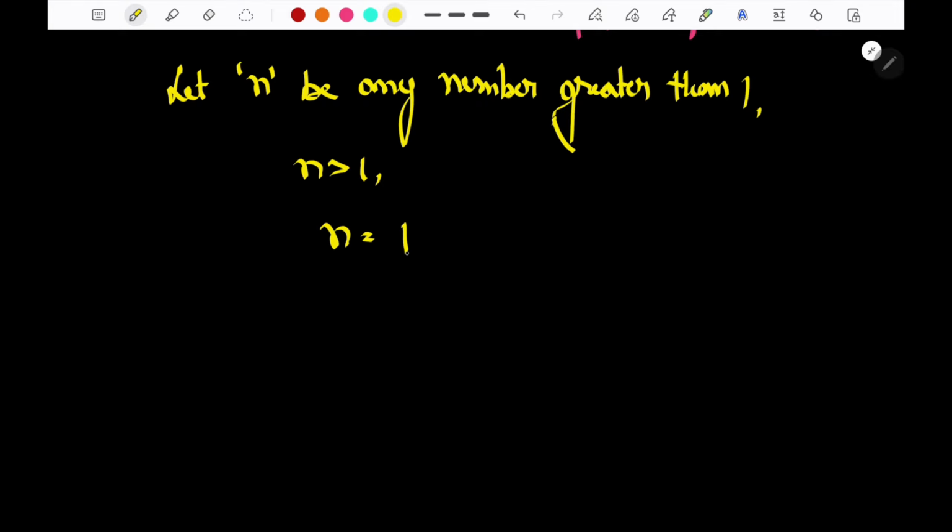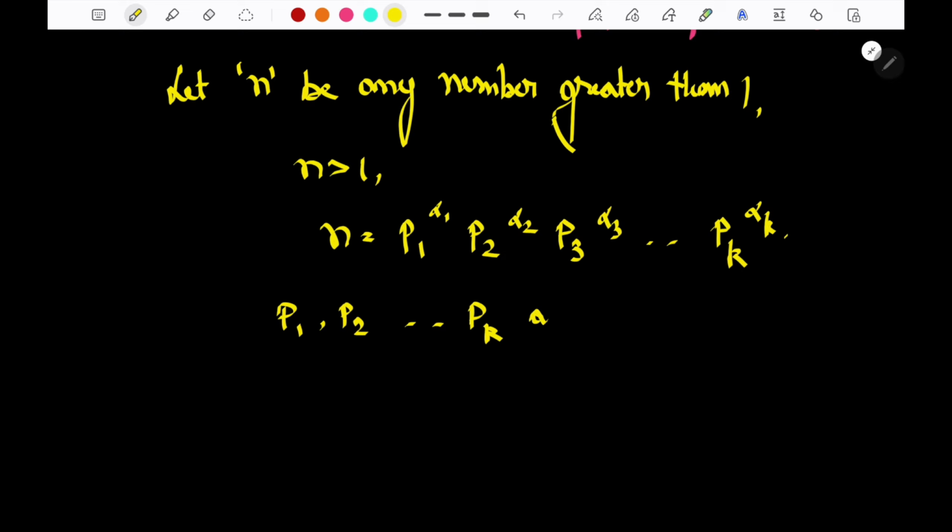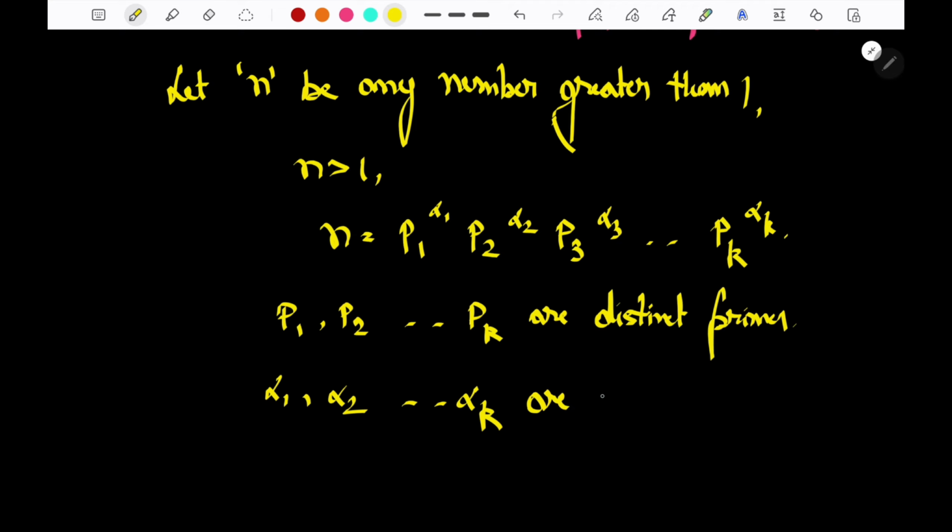Then n can be written as p1 to the power alpha 1, p2 to the power alpha 2, p3 to the power alpha 3, and so on, up to pk to the power alpha k. Here p1, p2, up to pk are distinct primes, and alpha 1, alpha 2, up to alpha k are positive integers.